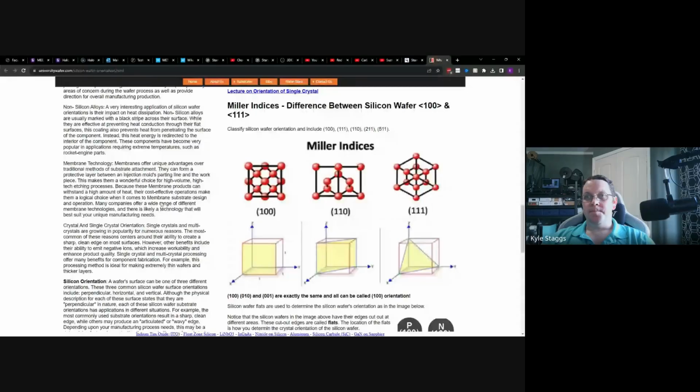This will be about as close as I can get you to understanding why this is actually important. Silicon wafers are very highly ordered crystalline structures for a specific reason. Here are the differences between a 100 orientation, a 110 orientation, and a 111 orientation for the Miller indices.